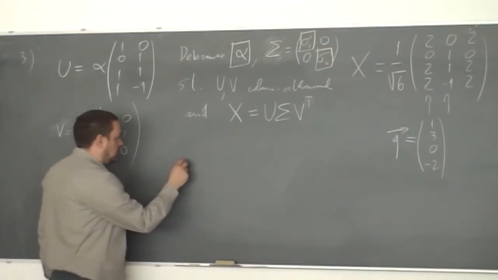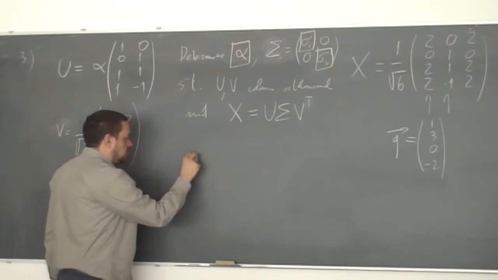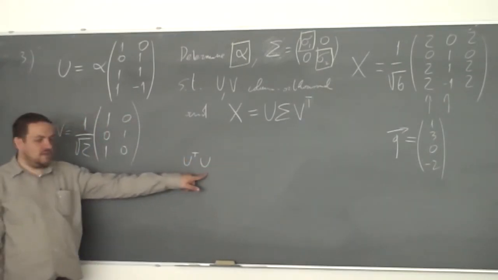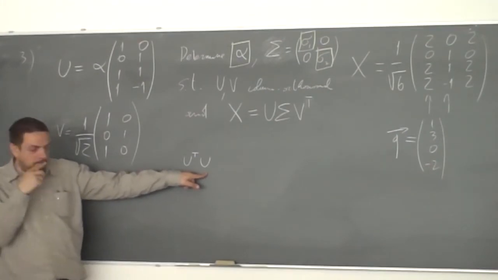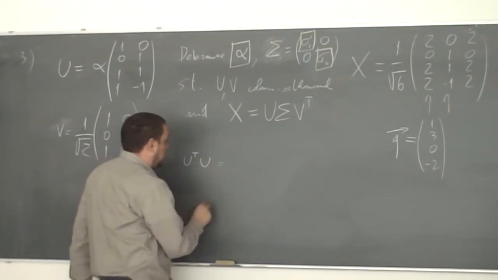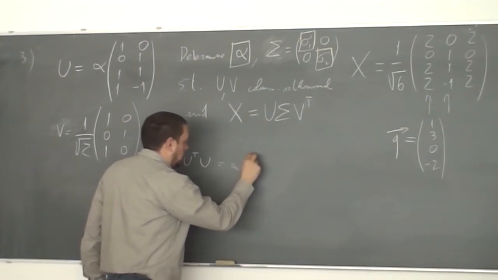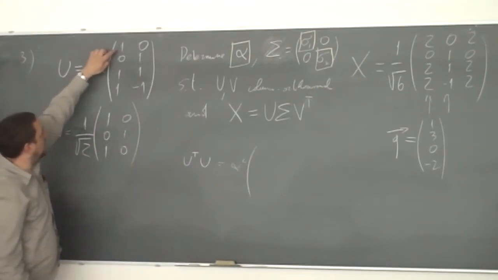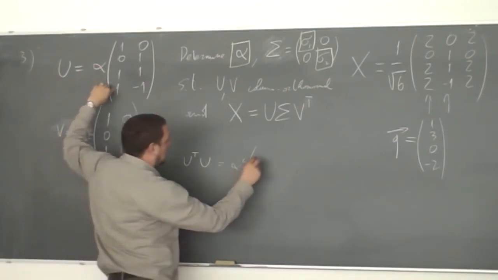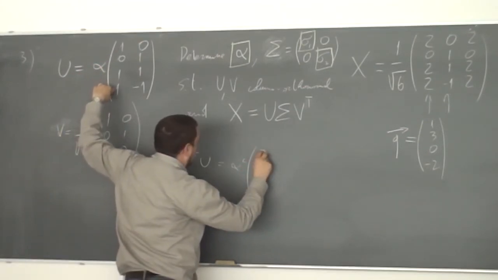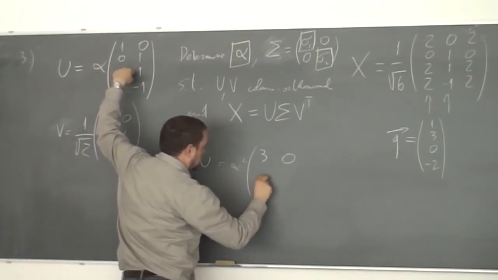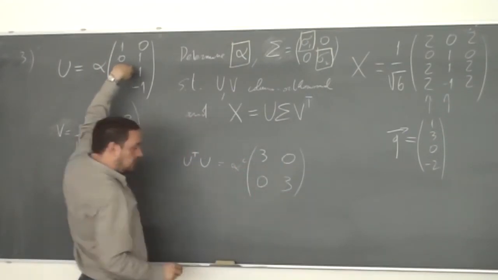Or, more simply, if you prefer, let's compute U transpose U. We collect alpha from both, and then we have 3, 0, 0, 3.